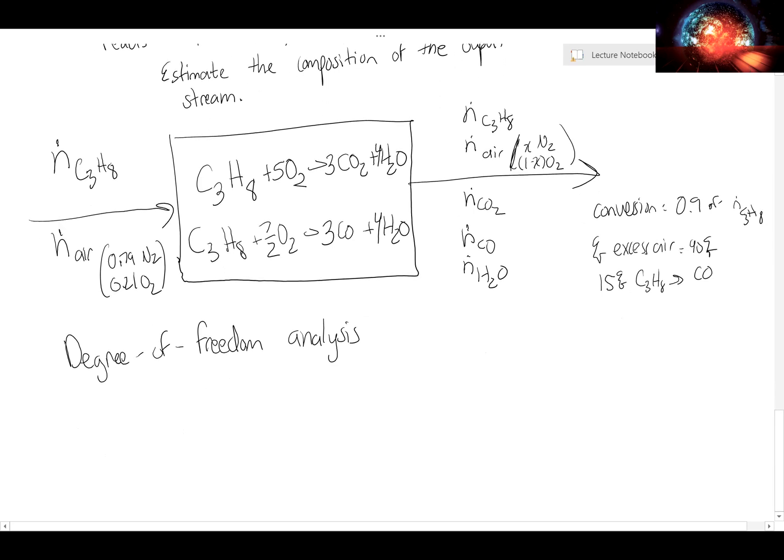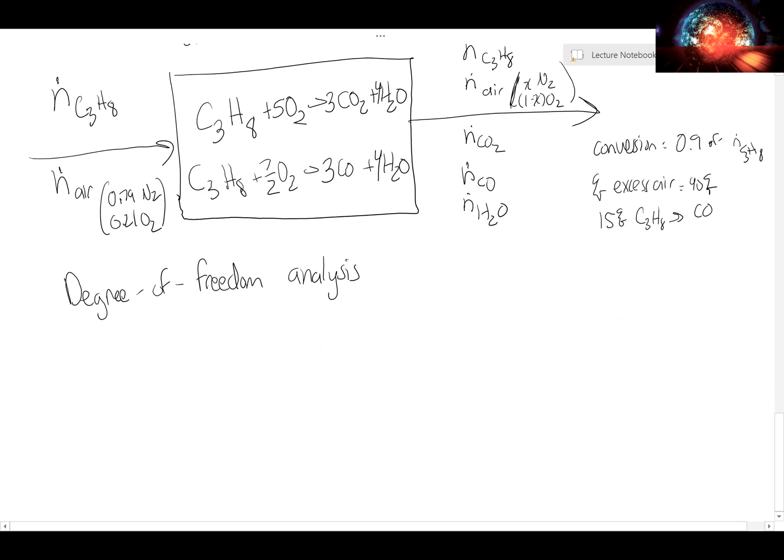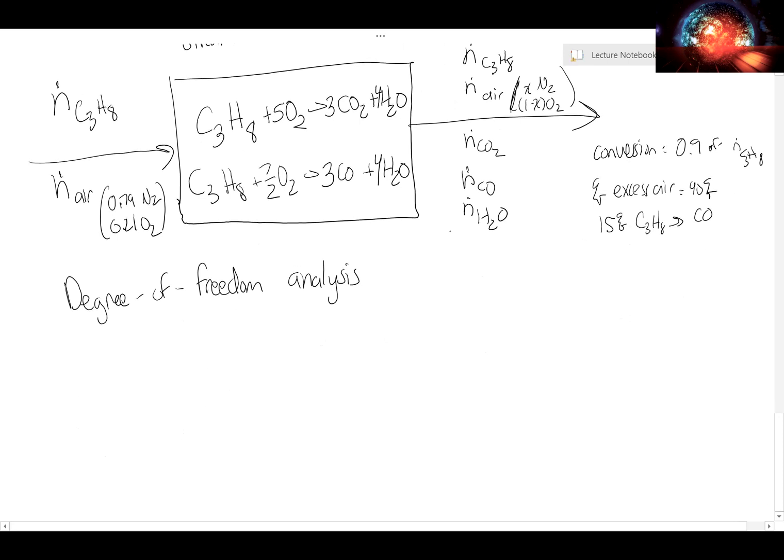In terms of the unknowns, I see 6, which is essentially all of the flow rates leaving.